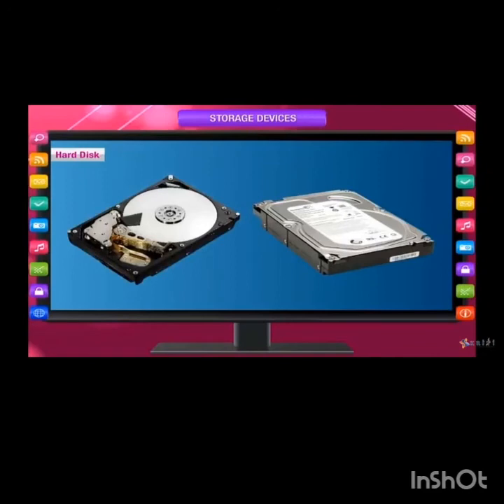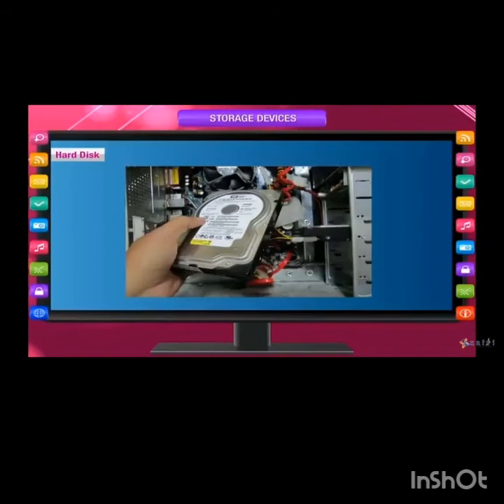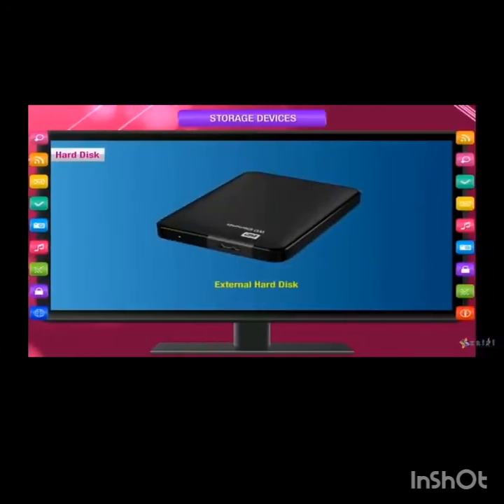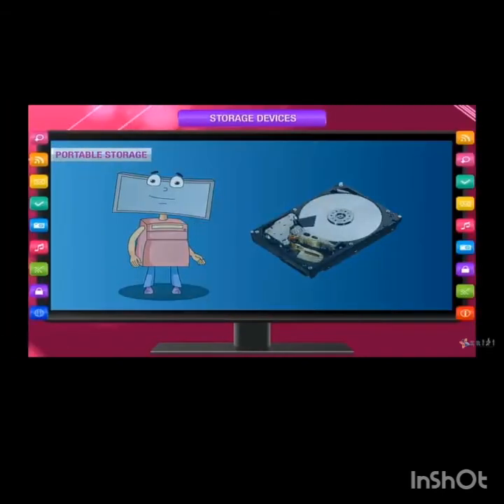Now the next we have is the hard disk. We all have heard about the hard disk and we have studied it also. It is inside the CPU cabinet which stores all our data. It can store up to 120 gigabytes to 2 terabytes or more. There are also external hard drives available in the market.